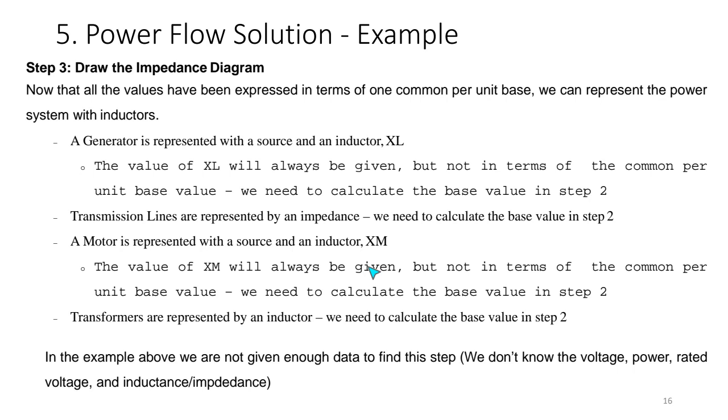For now we can skip this step, but I have notes on drawing the impedance diagram based on the per unit system. It is part of chapter 7, and the chapter 7 notes were already uploaded to Blackboard yesterday. Hopefully by next week we will be able to teach chapter 7, and you will better understand the purpose of the impedance diagram.